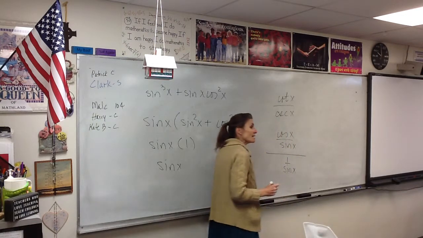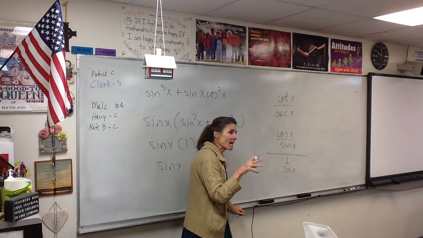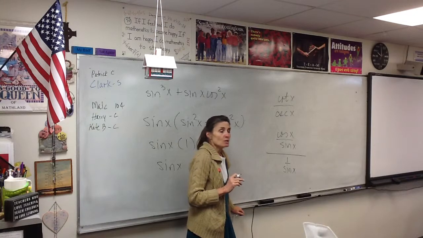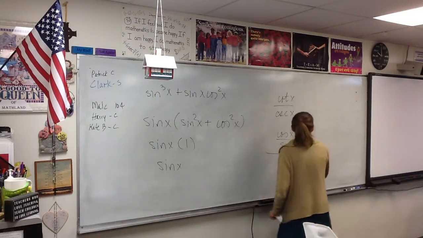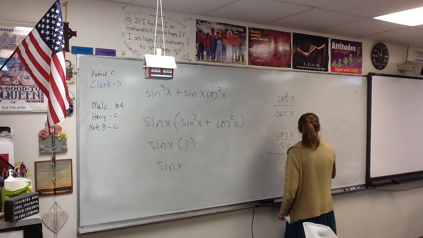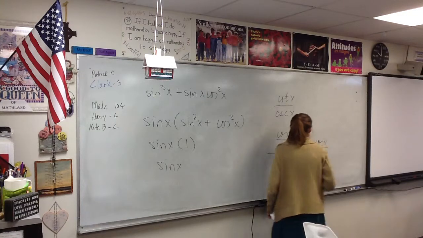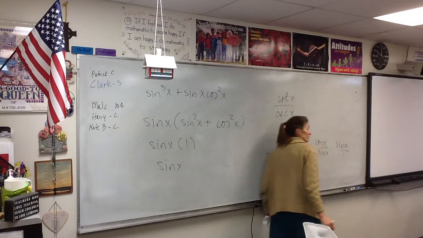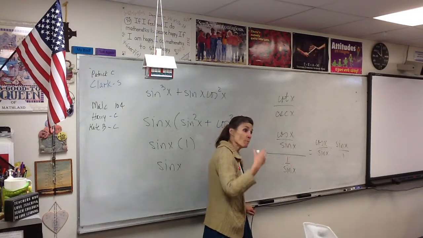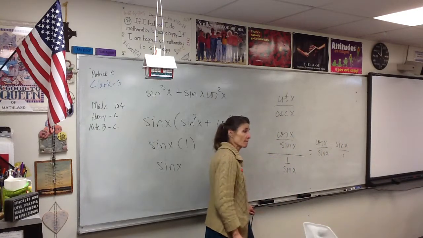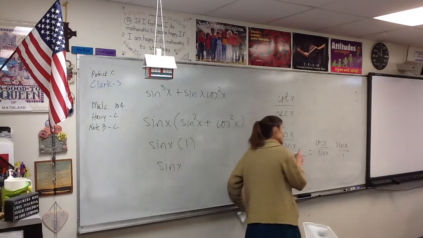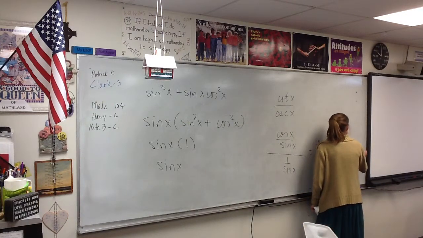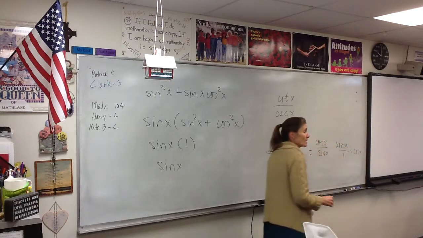Now, this is a fraction divided by a fraction, right? So one strategy is to say that's cosine over sine times sine over 1. Aren't you allowed to invert and multiply? And what happens now? This is a multiplication. They cancel and you are left with cosine.